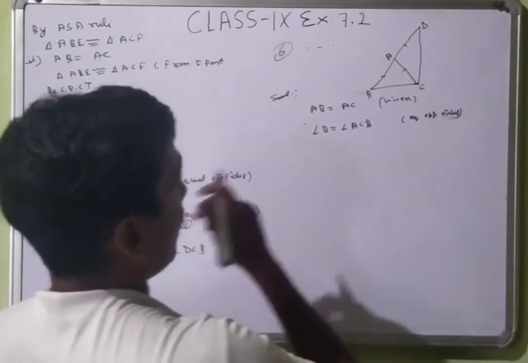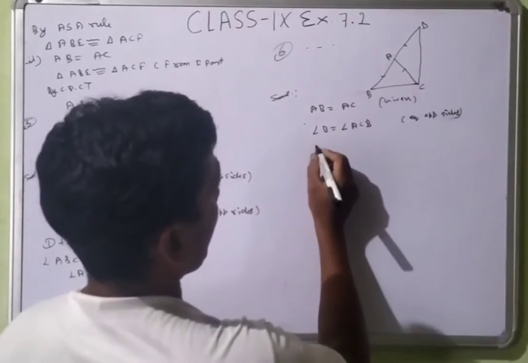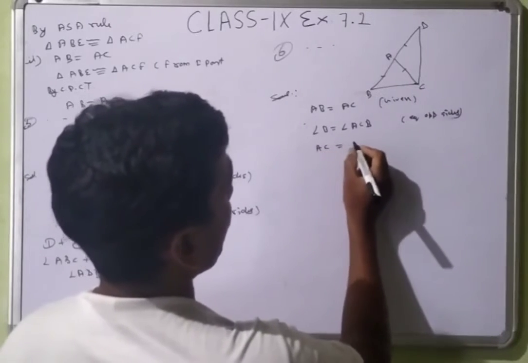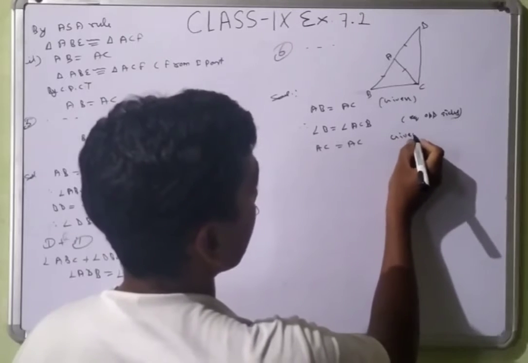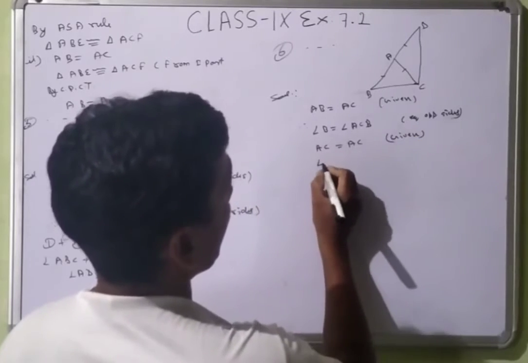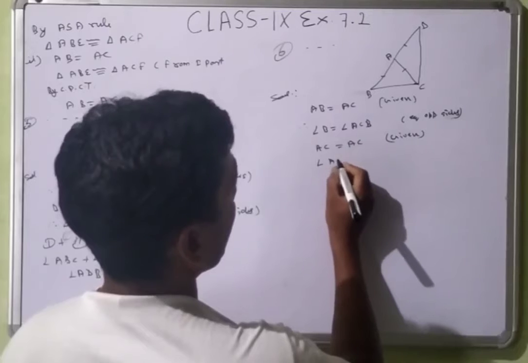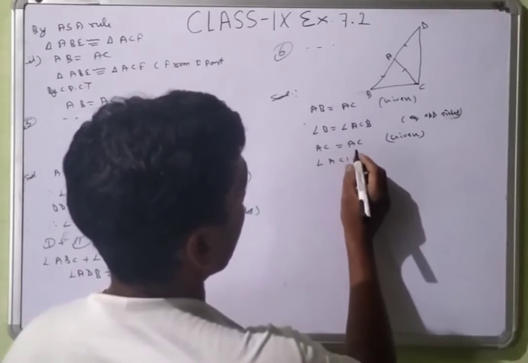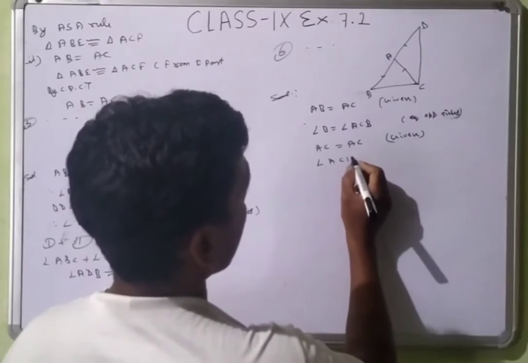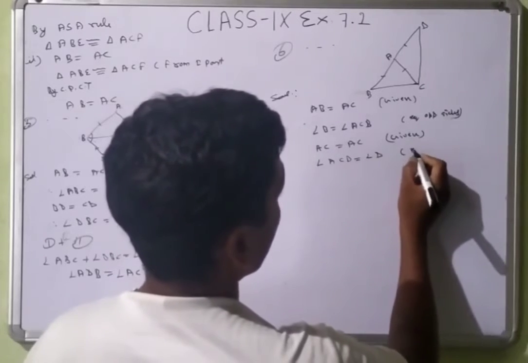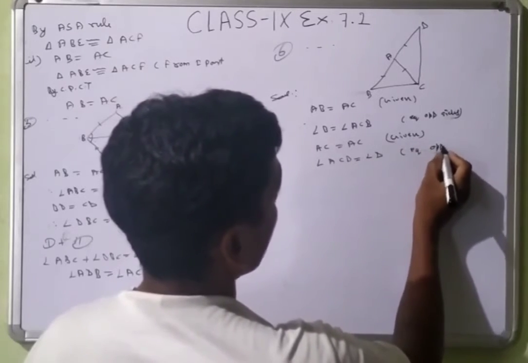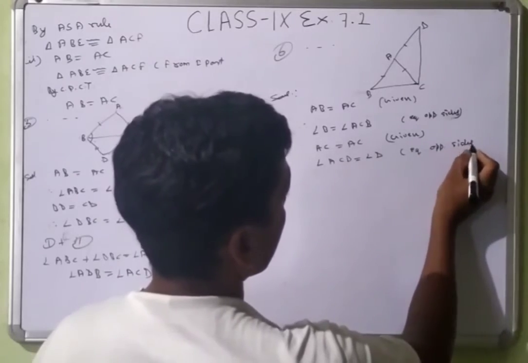Next, AC is equal to AD. This is also given. So angle ACD is equal to angle D by equal opposite sides.